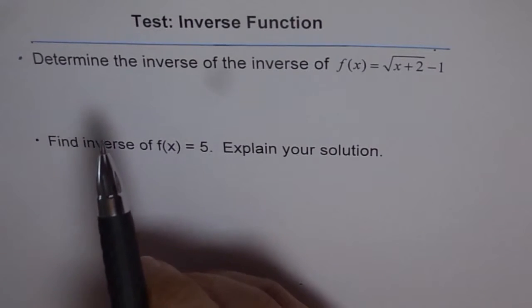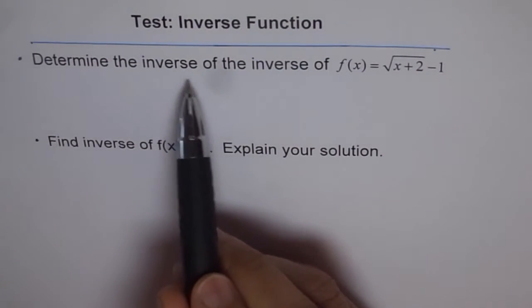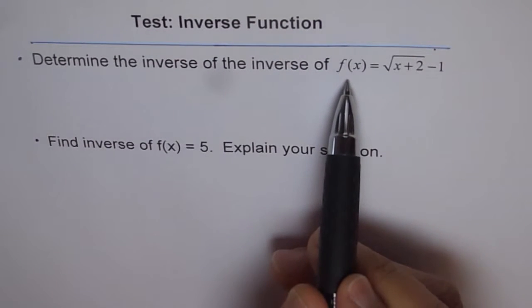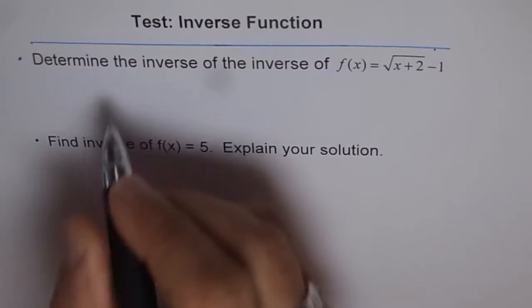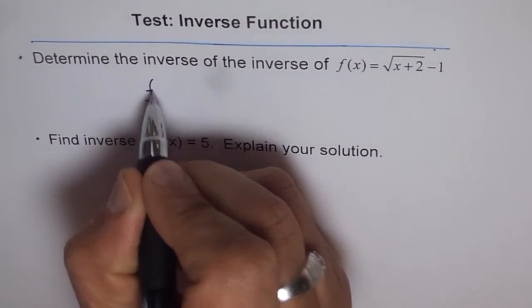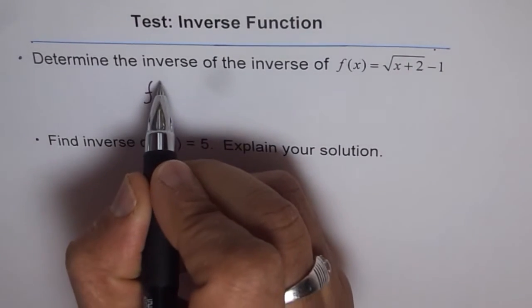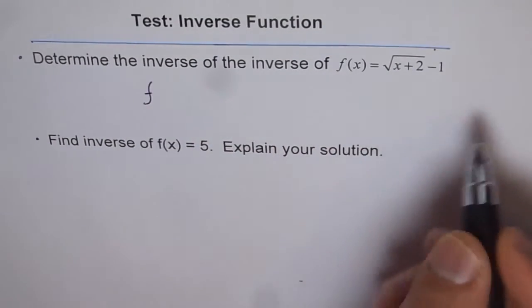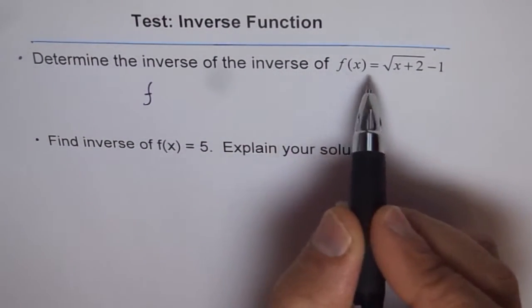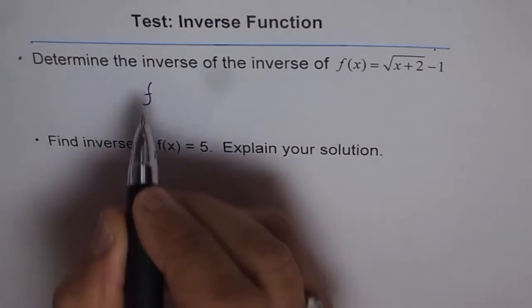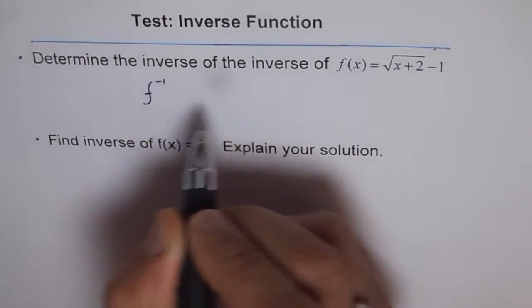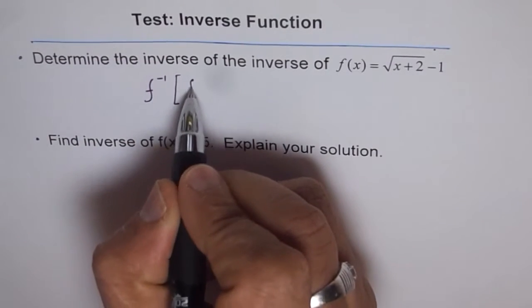Now the very first one is determine the inverse of f of x. That means what we're trying to find? Inverse of inverse, right? So when we do inverse of f of x, what do we get? So it's like this operation, right?